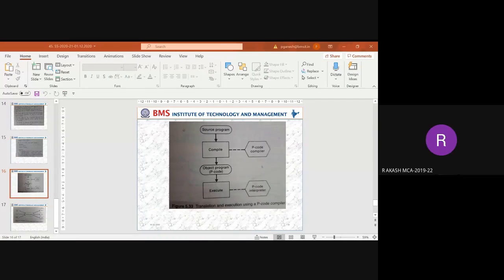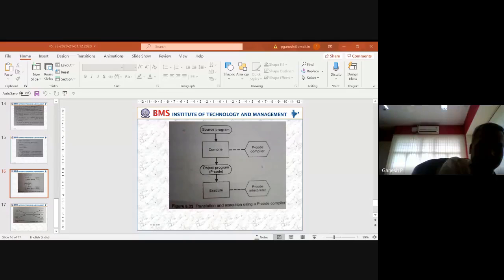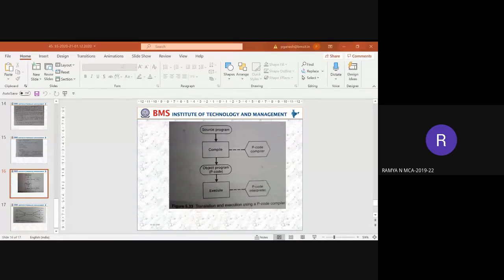Akash, Present, sir. Rajeshwari, Present, sir. Ramya, Present, sir. Rashmi, Present, sir. Ravishankar, Yes, sir.